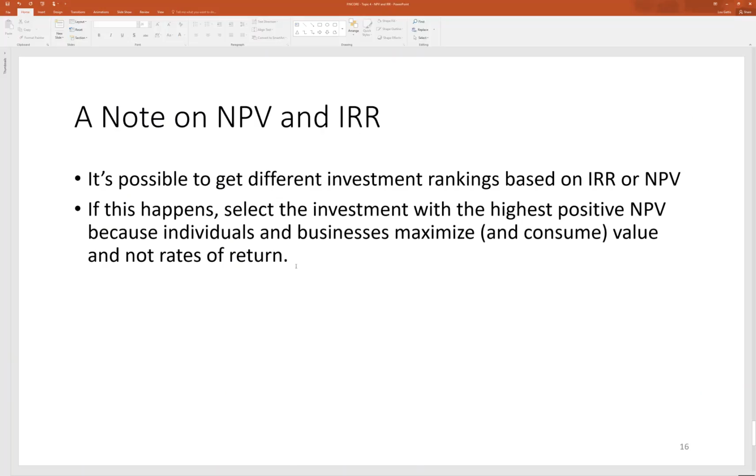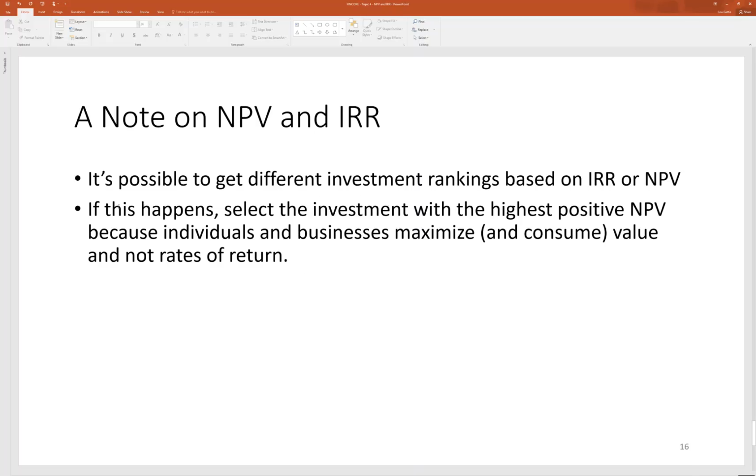If this happens, you might get some conflicting rankings between IRR and NPV. If that happens, in the general case, you should always use NPV to choose projects. And that's because firms and individuals do not try to maximize rates of return. They try to maximize wealth, value, and NPV ensures that.